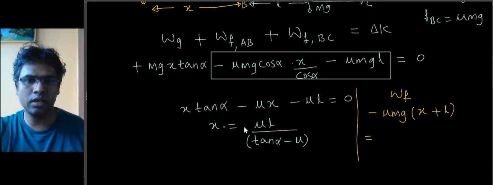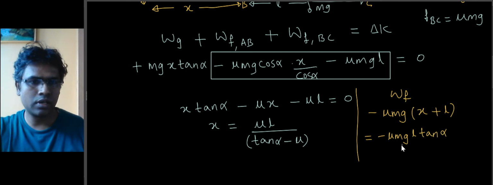So what is x plus L? If I add L to x, I have minus mu mg, and then if I add L, mu L will disappear, so I should get L into tan alpha, and in the denominator you have tan alpha minus mu.